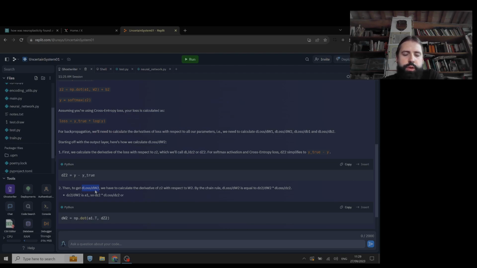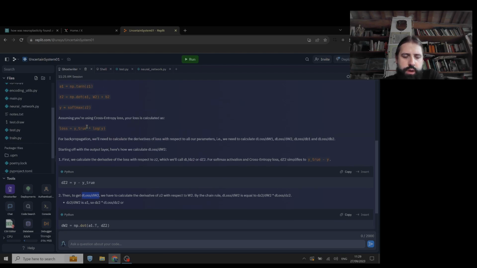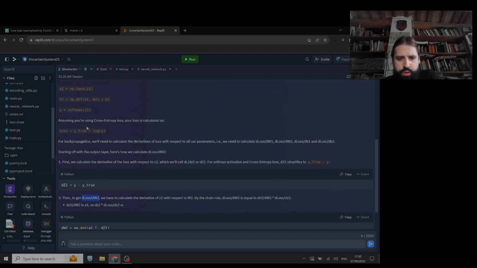Okay. First, let's just think through these. The derivative of the loss with respect to W2, right? So we have Y. Y is softmax of Z2.